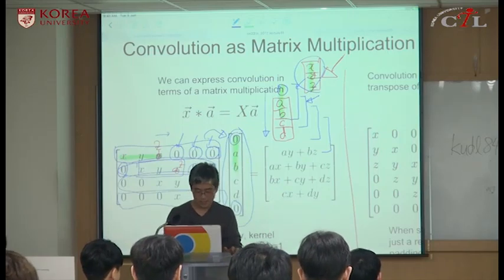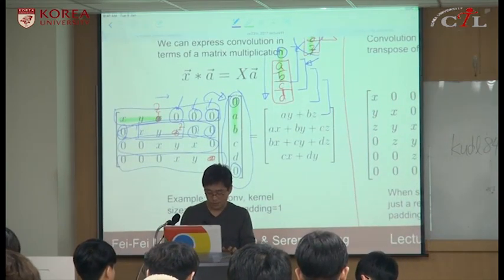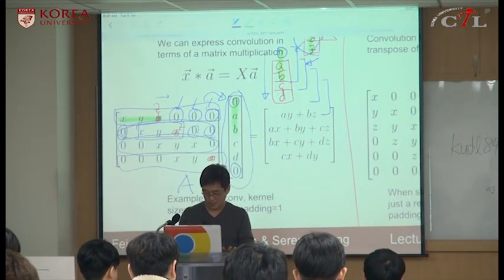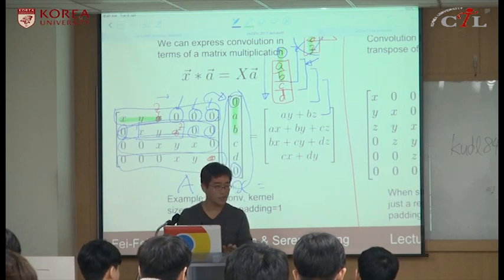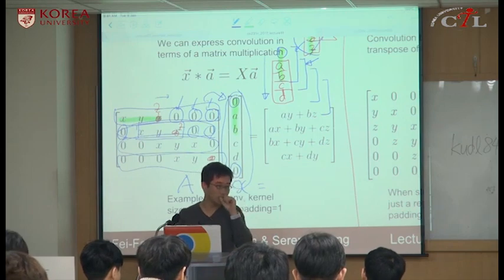Okay, so in this case, if we just compute this simple matrix and vector multiplication, we can obtain the activation map using this single operation, right?